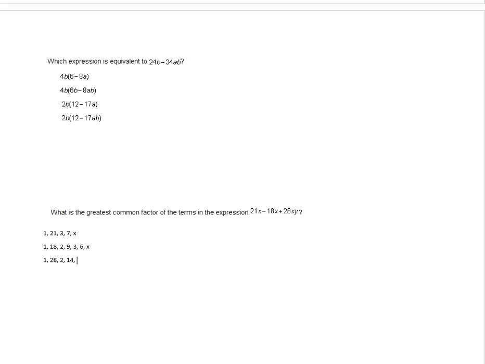Can you think of any others? Right, 7 and 4 will give us 28. And of course, in this case, we have also an x and a y that are included in that term. So now we look for numbers that show up in all three lists.